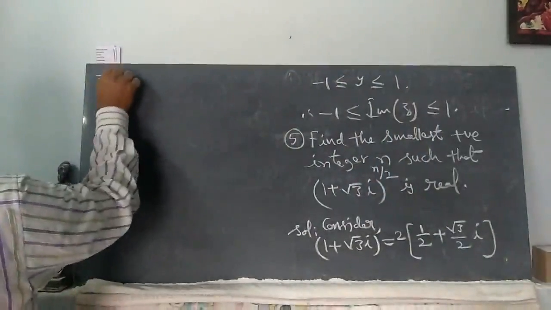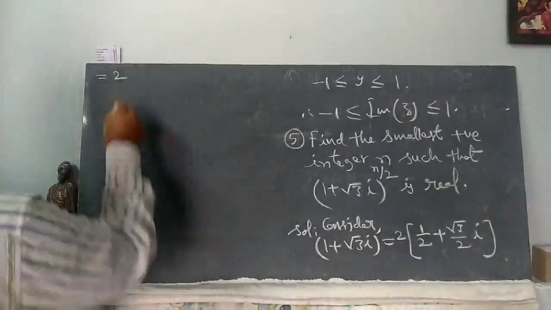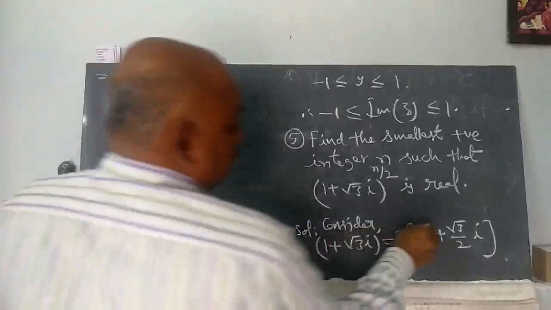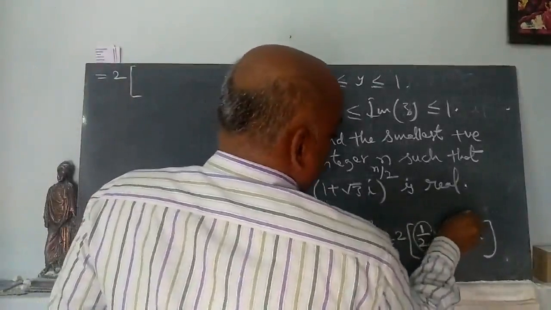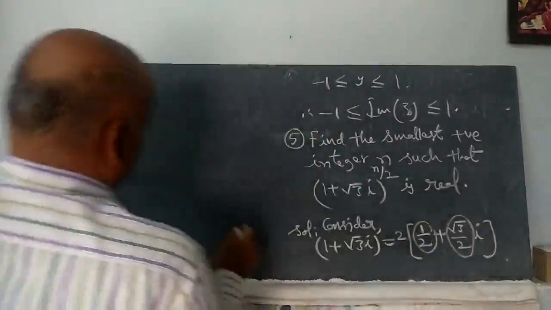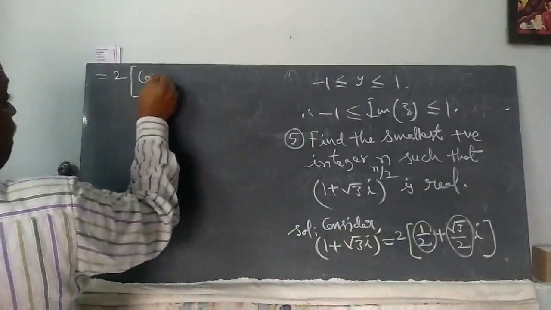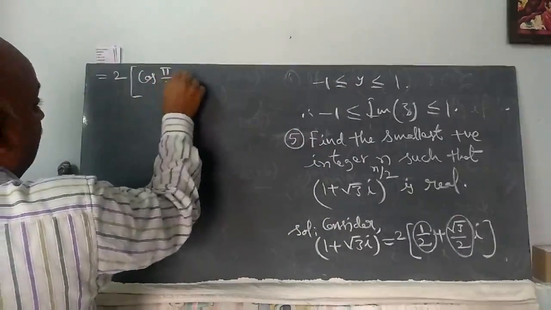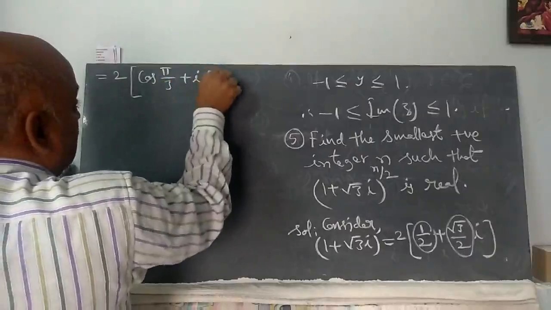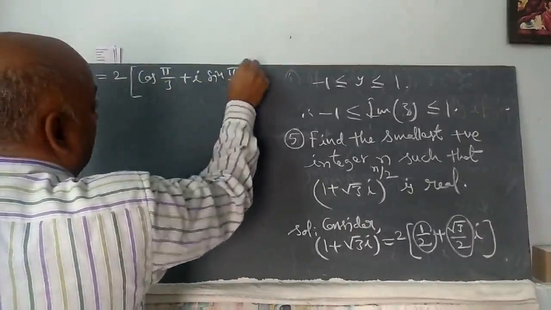So this is equal to 2 into 1 by 2 in terms of cos, and root 3 by 2 in terms of sine. So this is cos pi by 3 plus i sine pi by 3.